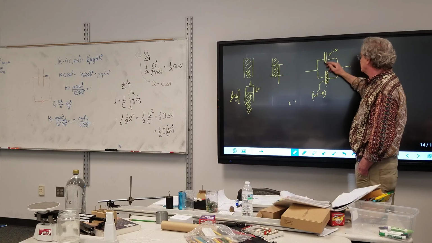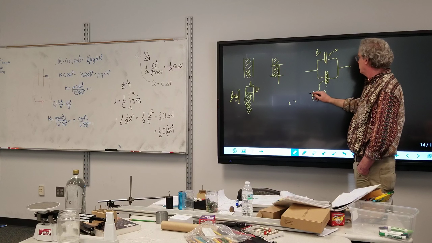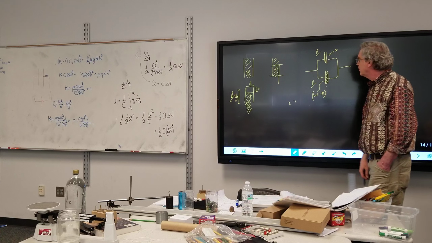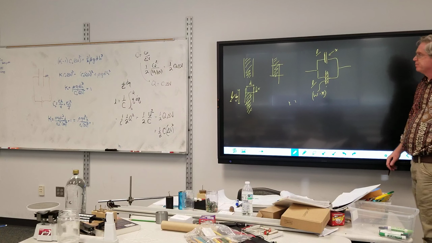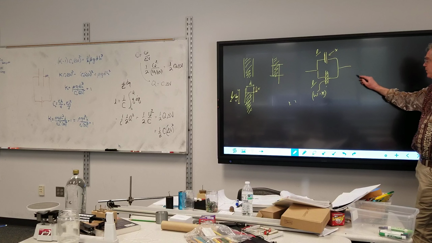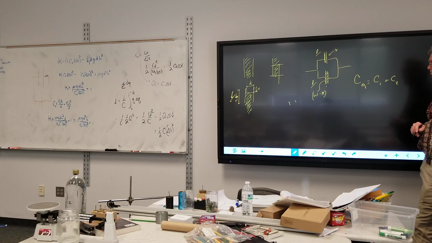They both have a length going in and out of the board. I want to find the equivalent capacitance. They're in parallel, so my equivalent capacitance is just C1 plus C2.